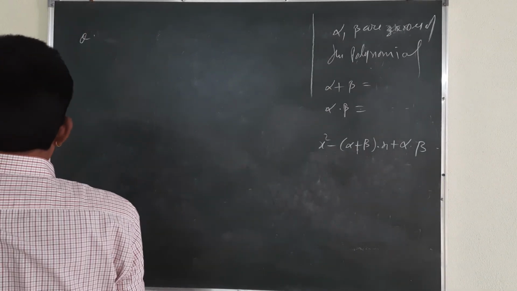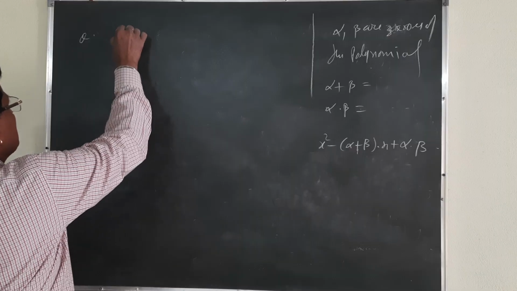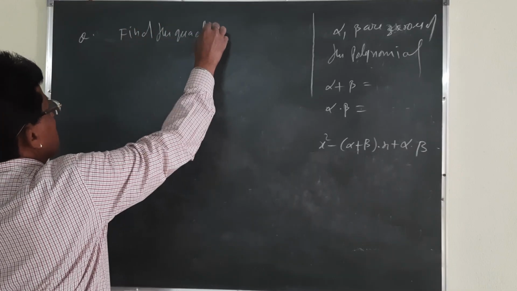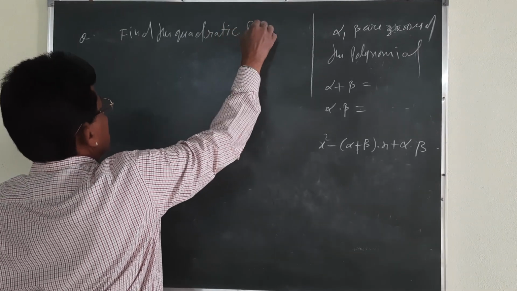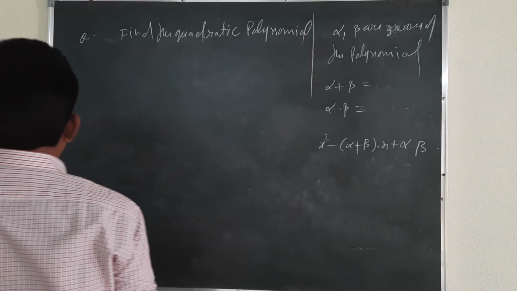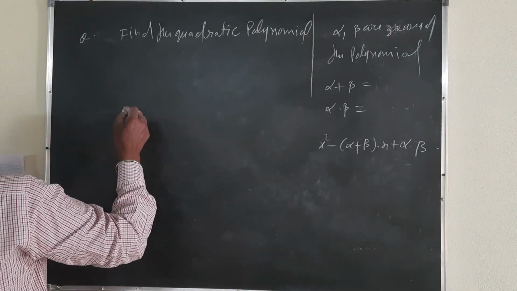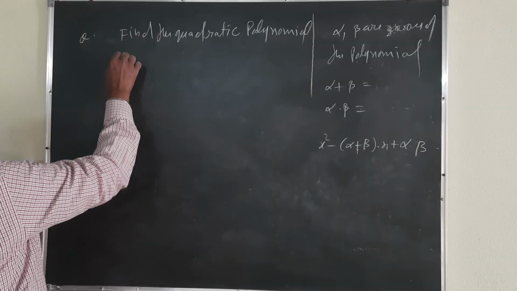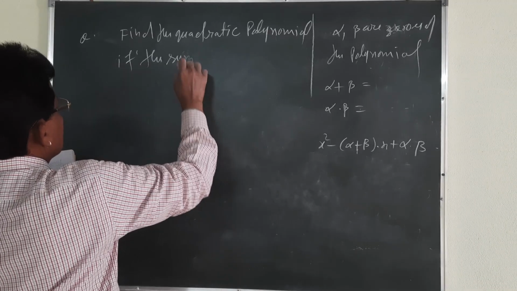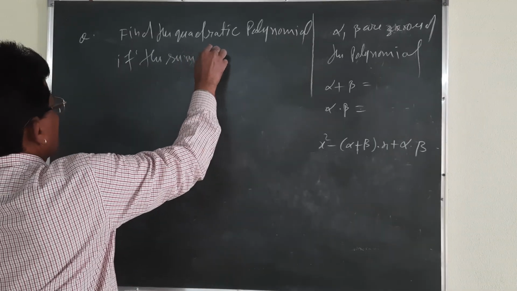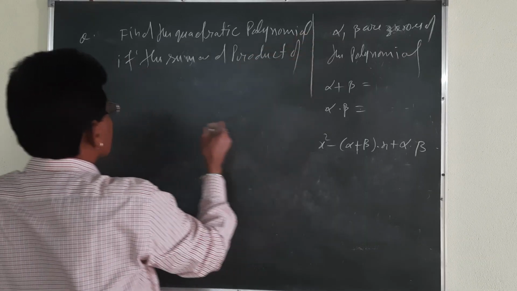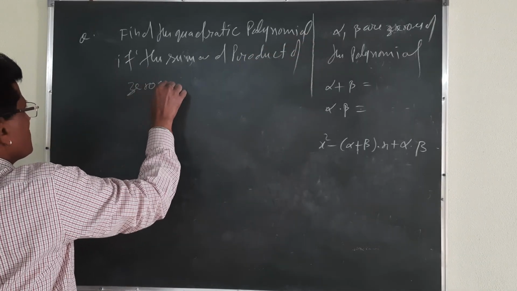Question: find the quadratic polynomial if the sum and product of zeros are given.